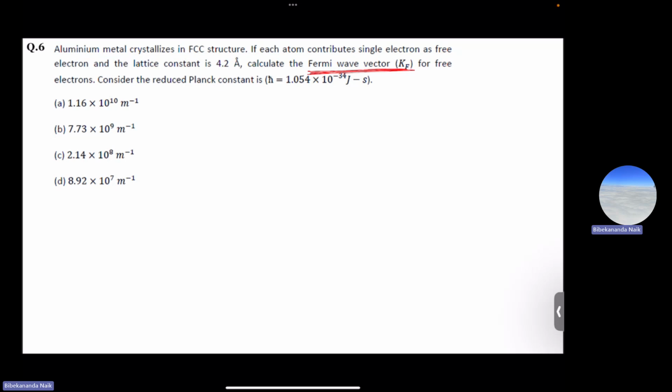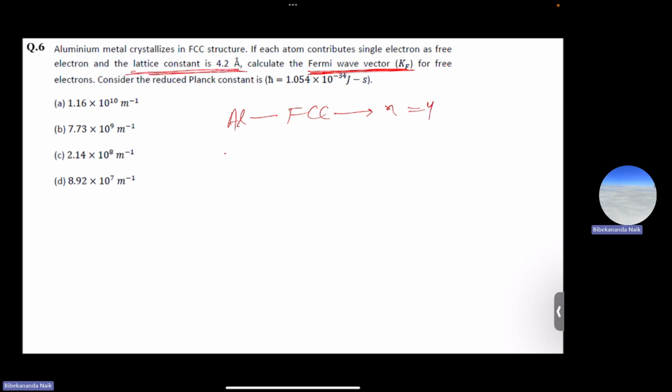So if we do it like the previous question, since aluminum is assumed to have an FCC structure, N is equal to 4, and the lattice constant is 4.2 angstrom. Here you see, in the previous case the atomic radius was given, but here the lattice constant is given.